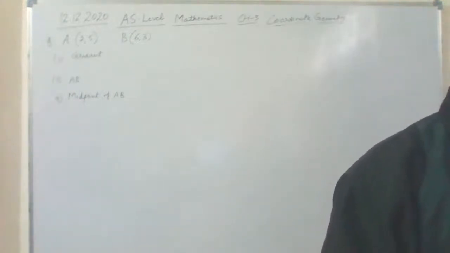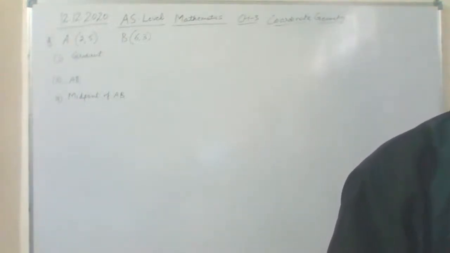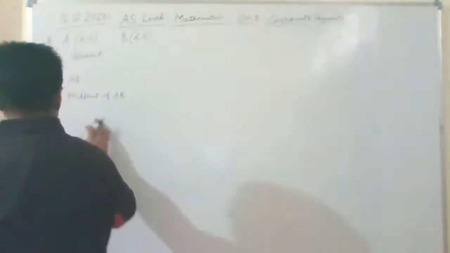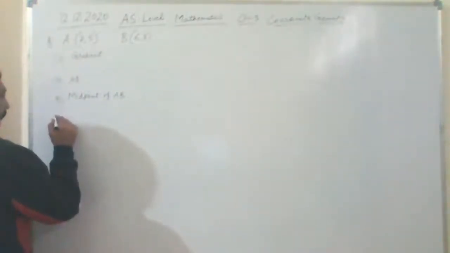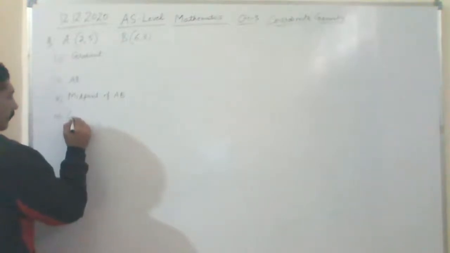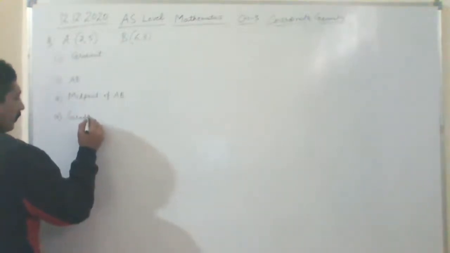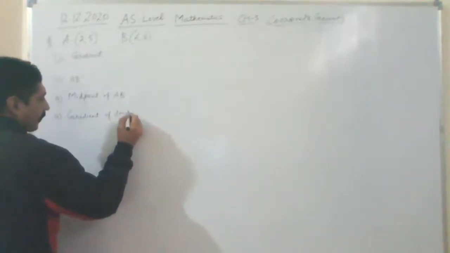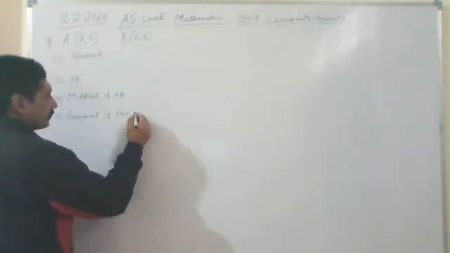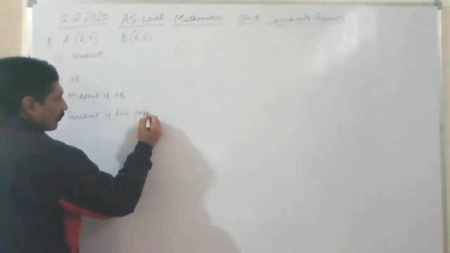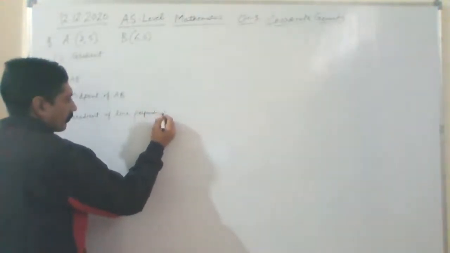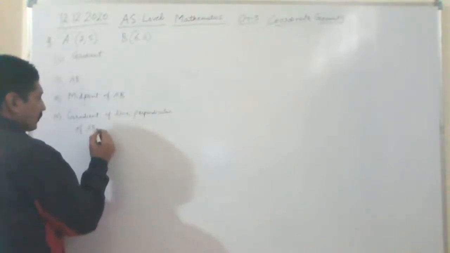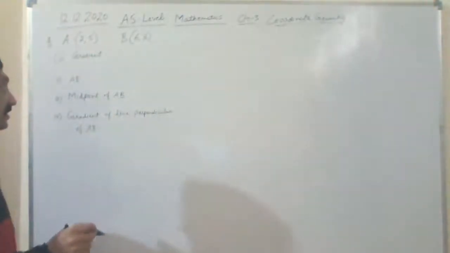So here, gradient of a line perpendicular to AB. So start doing.